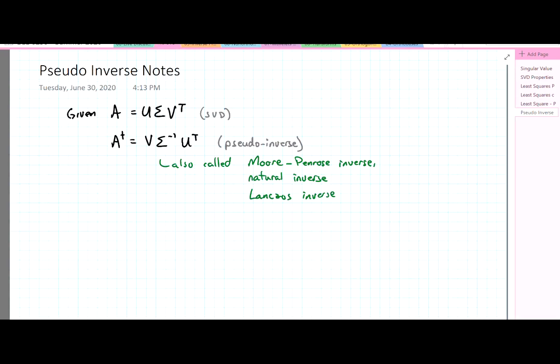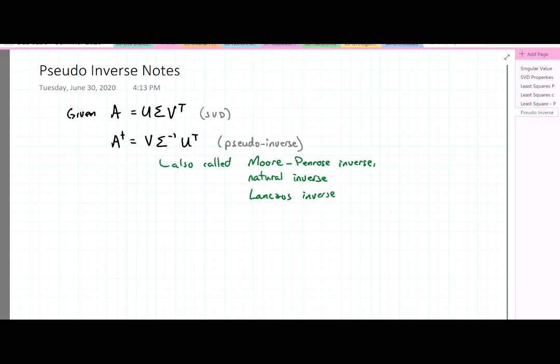Okay, and we found that we had some really nice properties when we used the pseudo-inverse on a problem with either an infinite number of solutions or no solution, or the case actually where you have an infinite number of no solutions, in which case what I mean is we have an infinite number of ways to minimize the residual.